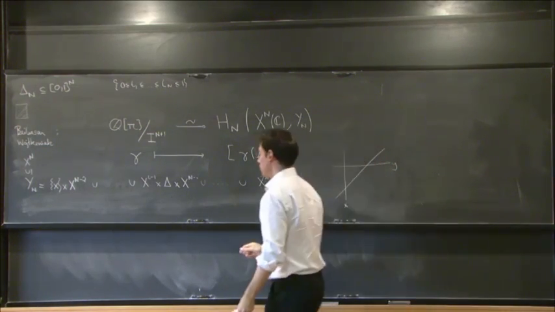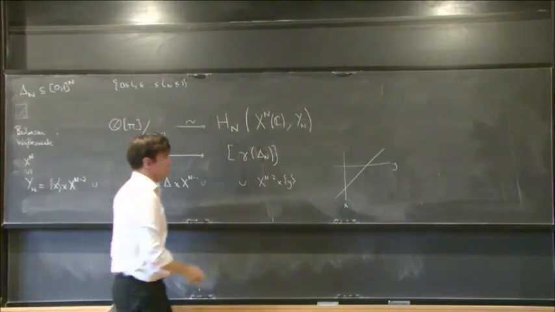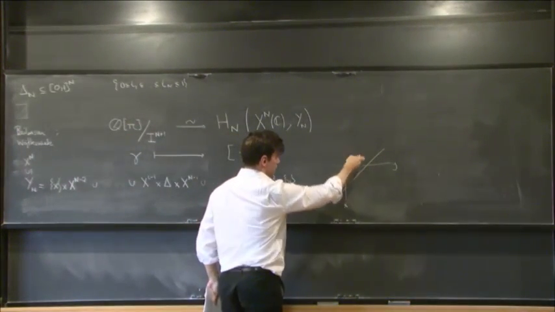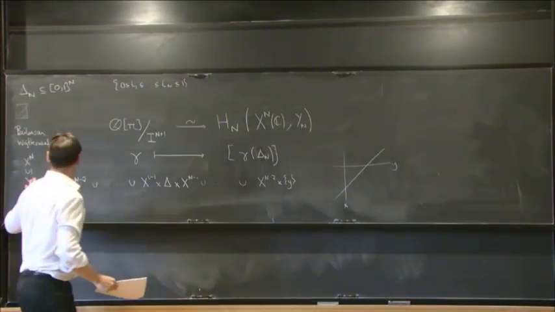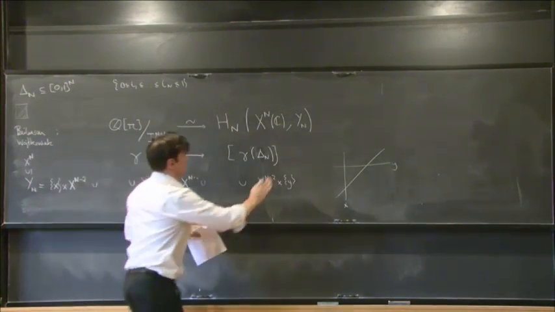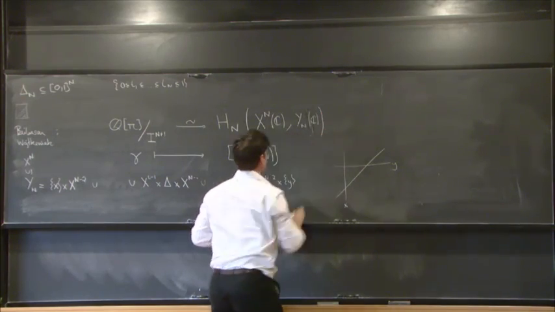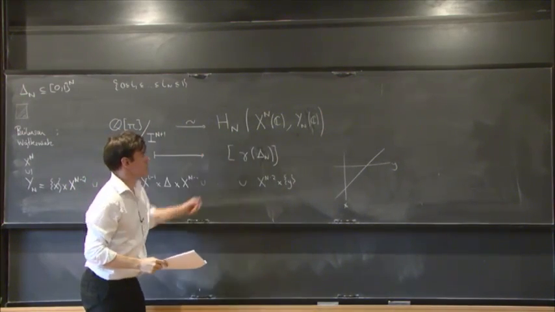And if you think about it, the image of this simplex under any path has its boundary contained in Yn of C, in the complex points of Yn. And therefore, this defines a relative homology class.